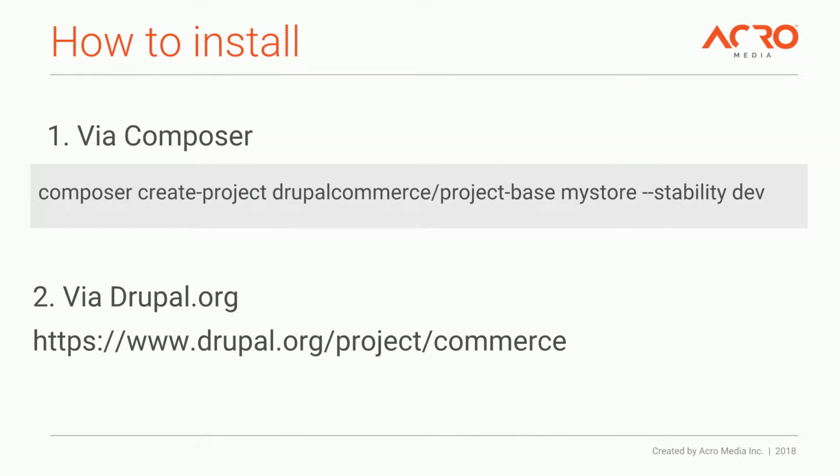If you don't have Composer, you can go to Drupal.org and go to the Commerce project. They have in the documentation how to install the module, and also the external modules to have everything set up to run your store.